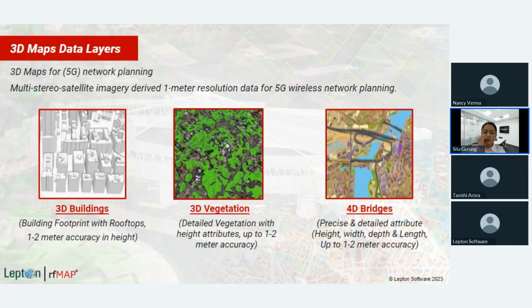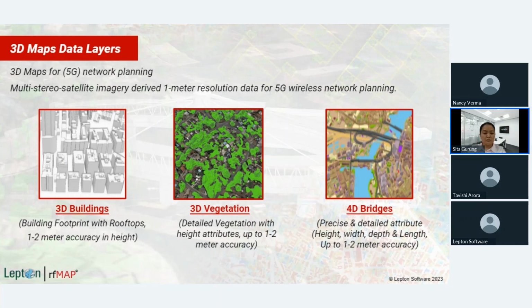As we all know, these short range frequencies can be disrupted by the smallest obstructions. The traditional 2D maps that we have been using for technologies till 4G will not be sufficient to cater to 5G needs. Therefore, very accurate 3D maps are key here.